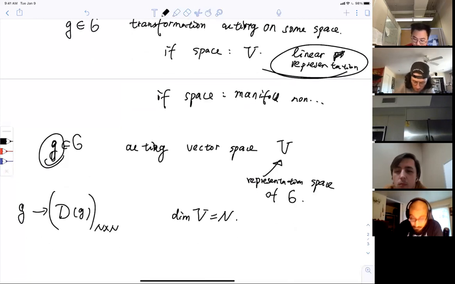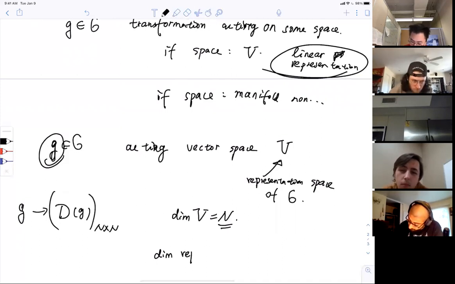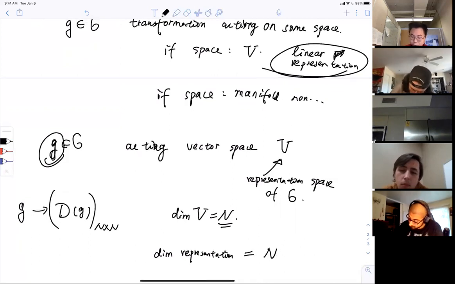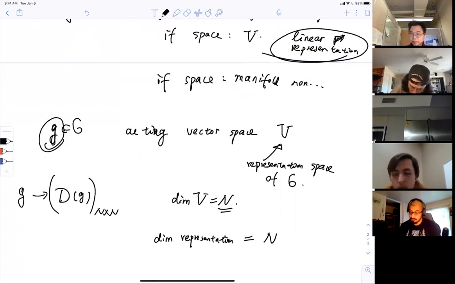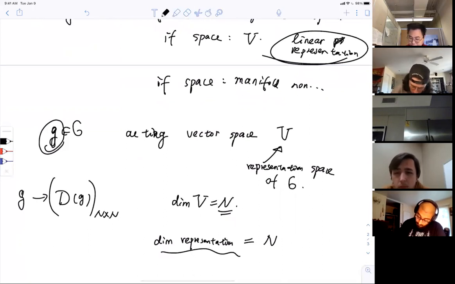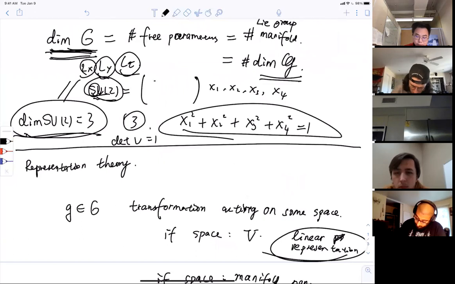And in this case, we say the dimension of this representation is n, basically equal to the dimension of the vector space you're acting on. There's no relation between this representation dimension and the dimension of the group. They can be very different.